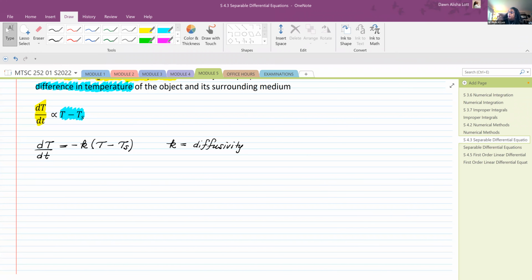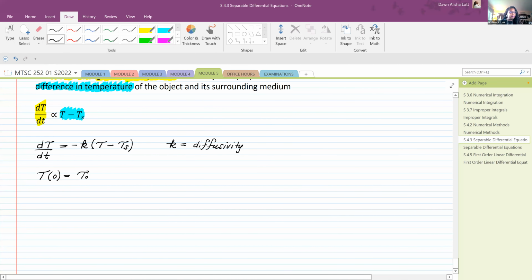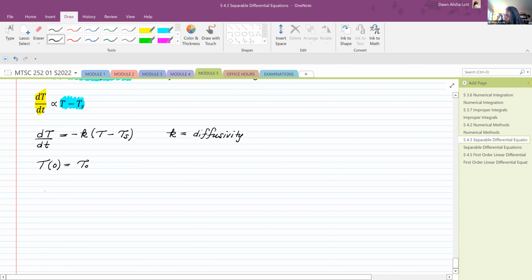We have an initial condition. We said T of 0 is going to be whatever the object's initial temperature is. All right, so let's solve this as a separable differential equation. I'm going to take dT and divide by T minus Ts. Remember, Ts is a constant, and that's going to equal negative k, and I'm going to bring the dt up.